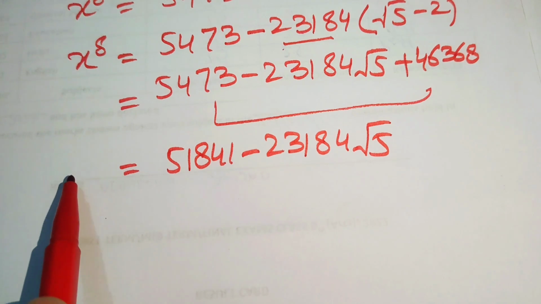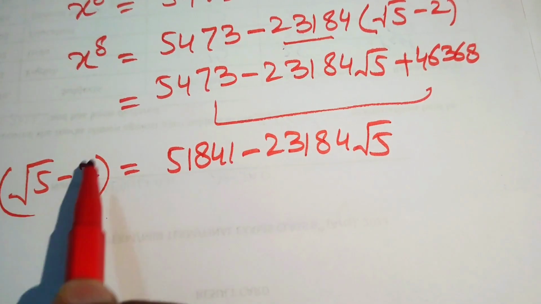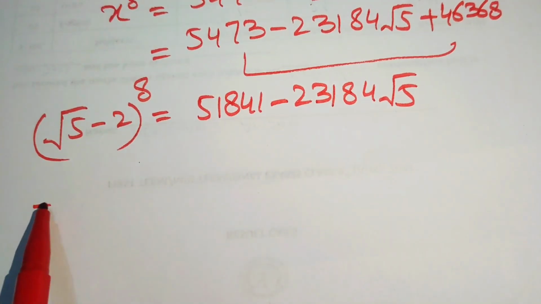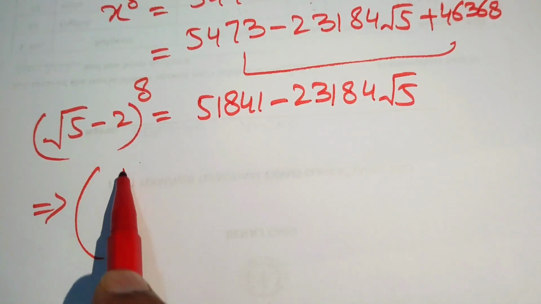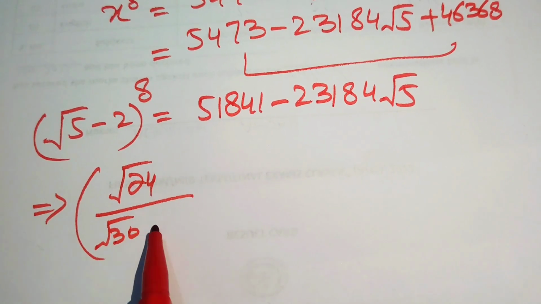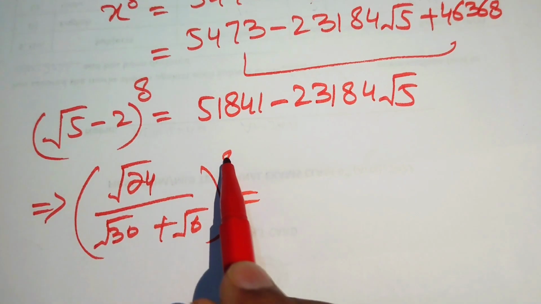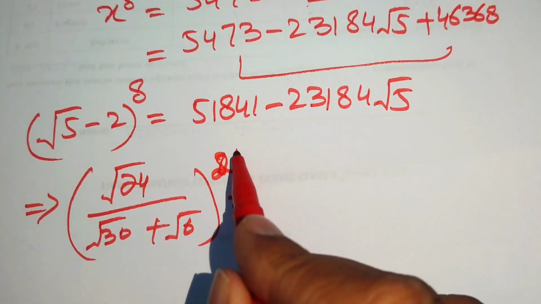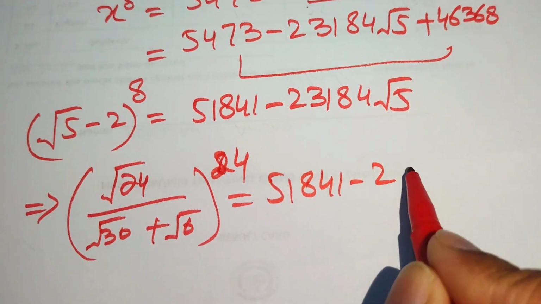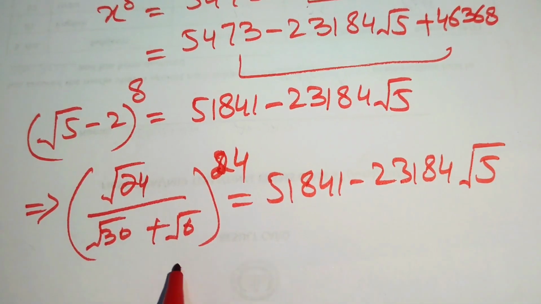And our x to the power of 8 is equal to (square root of 5 minus 2) to the power of 8, and (square root of 5 minus 2) to the power of 8 is equal to (square root of 24 over square root of 30 plus square root of 6) whole power 8 and its whole power 24 equals 51841 minus 23184 into square root of 5.